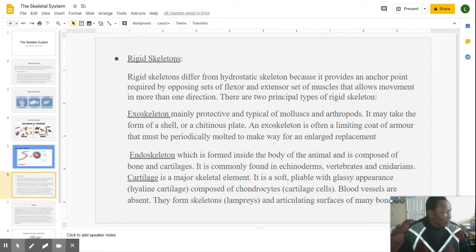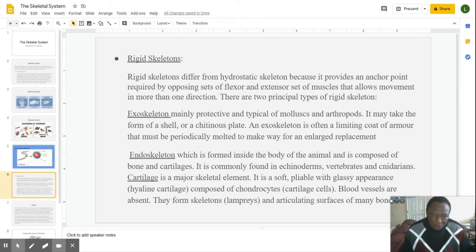Rigid skeleton can be classified into two. The exoskeleton, mainly protective and typical of mollusks and arthropods, may take the form of shells or chitinous plates.